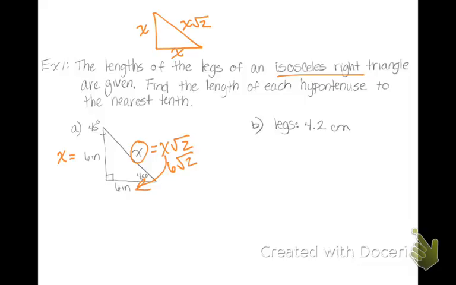And then you plug in 6, and you don't put the times sign, you're just going to put the square root sign, and then you put 2 down, and then you press the button. We want to round to the nearest tenth, so it would be 8.5 inches.